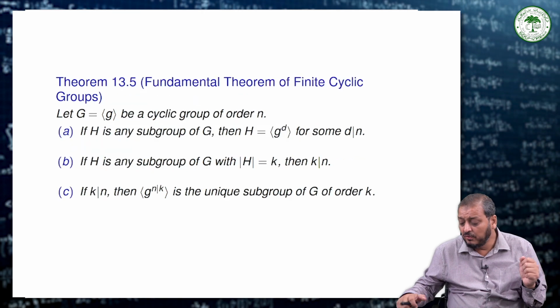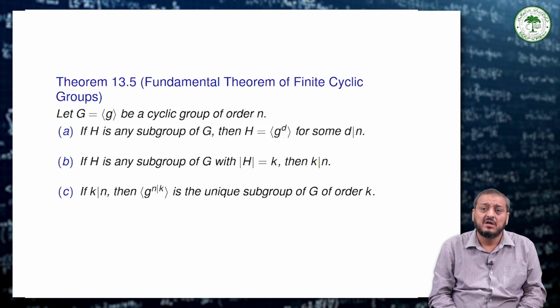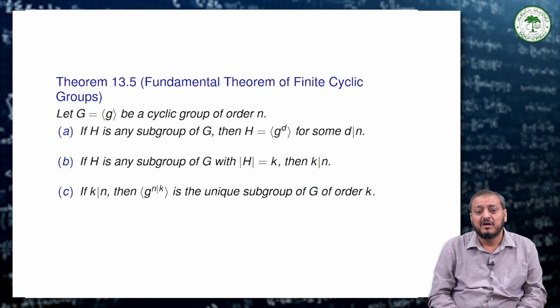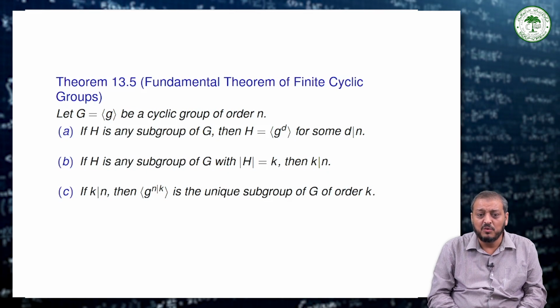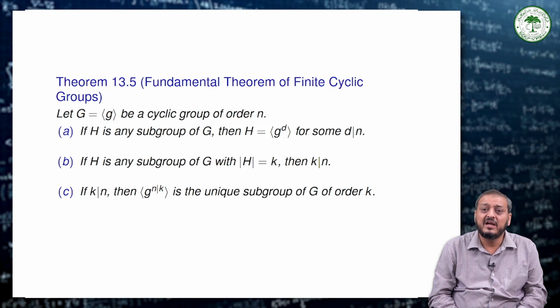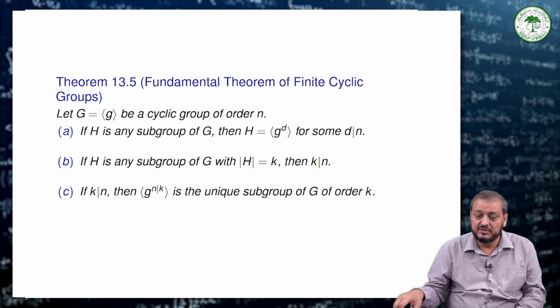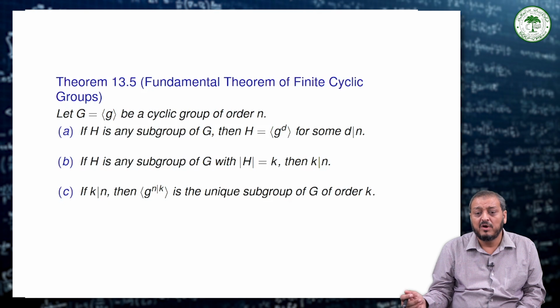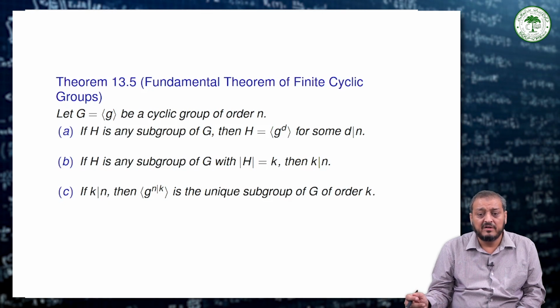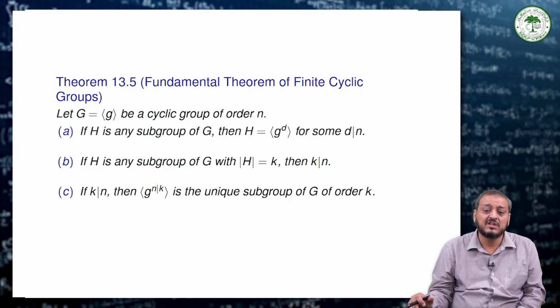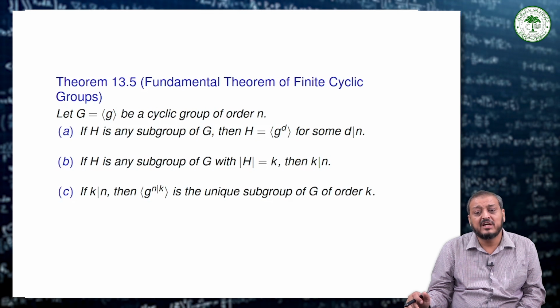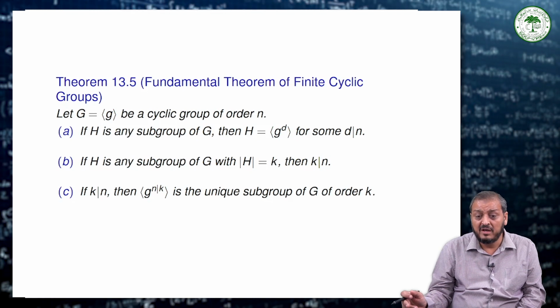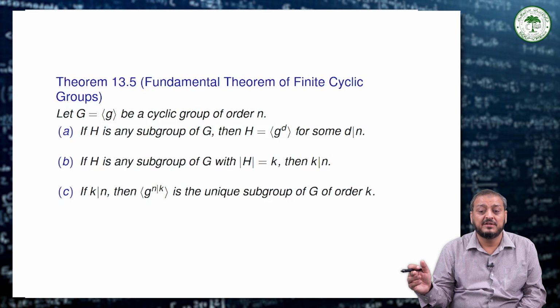Now we have to prove the fundamental theorem of a finite cyclic group. It says: let G be a cyclic group of order n generated by g. If H is any subgroup of G, then H can be generated by g to the power d for some d that divides n.